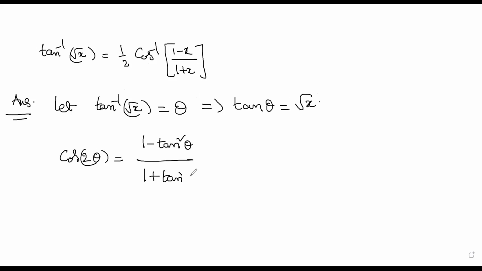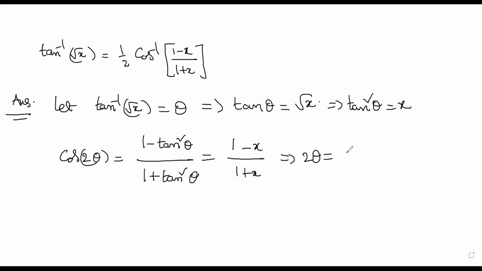But tan theta is root x. So if I put root x, tan square theta is x. So this becomes (1 minus x) by (1 plus x). So 2 theta is cos inverse of (1 minus x) by (1 plus x).